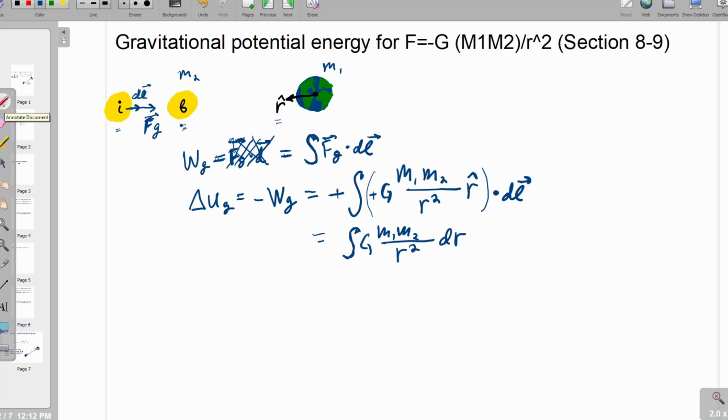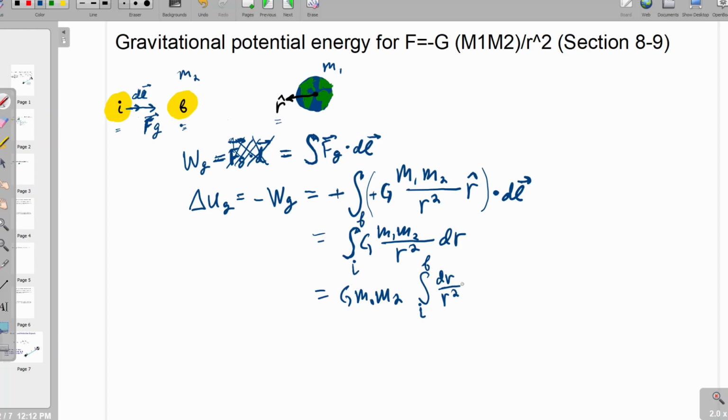So let's then do this integral. And I can take this, of course, from, say, the initial point up to the final point. So if I do this, I can pull out the G m1 m2, and I just have then an integral dr over r squared from the initial point to the final point.